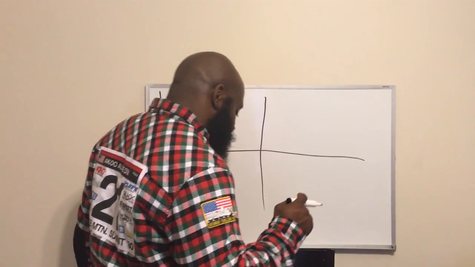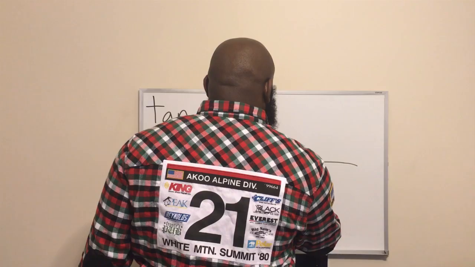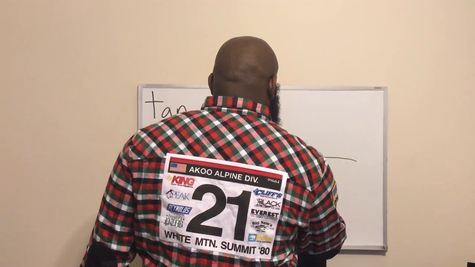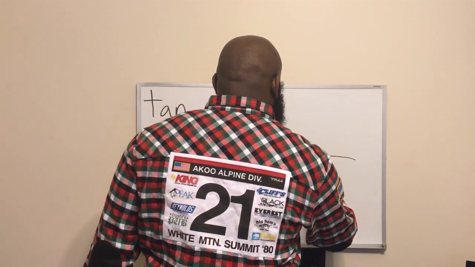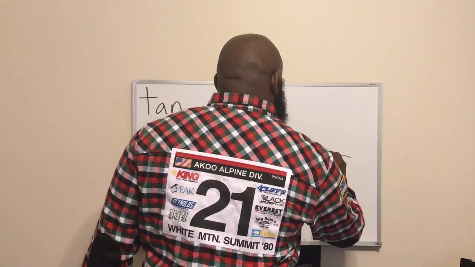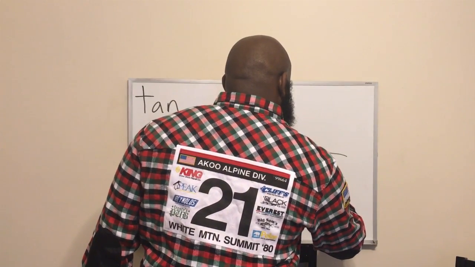So let's plot our points first. Let's plot our endpoints. We have pi over 2, that's your 90. You have your pi, your 180. You have 3 pi over 2, your 270.